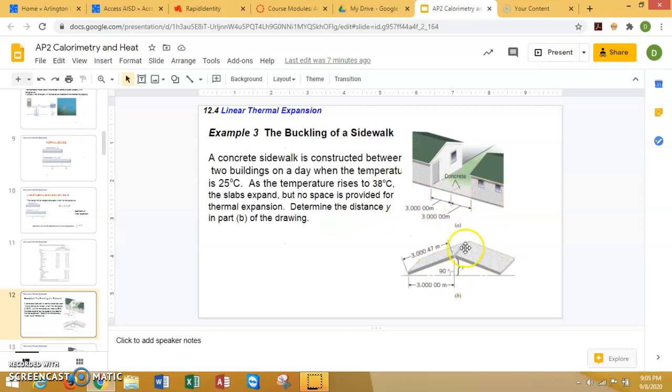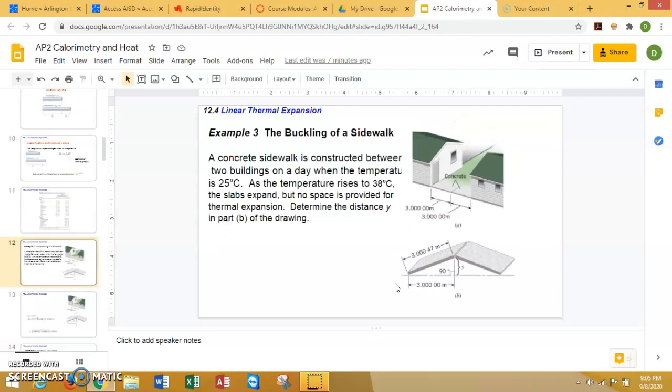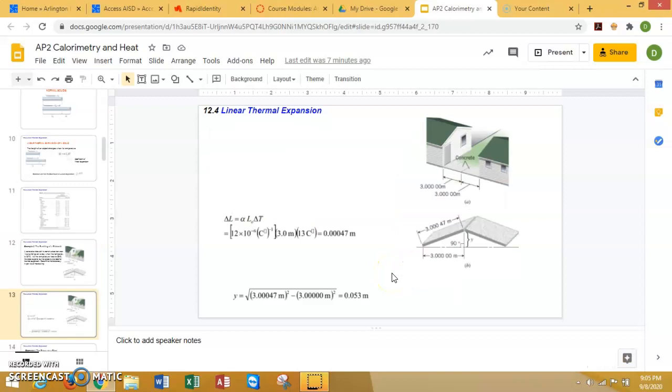So for this problem right here, there was an initial length of 3. And in the problem, all they gave you is these two temperatures. And they would either tell you or you'd have to go hunt for the alpha of concrete. So that's what this is. So what they did here is they went ahead and they invoked this formula, and you get the change in length, which is this tiny little bit here.